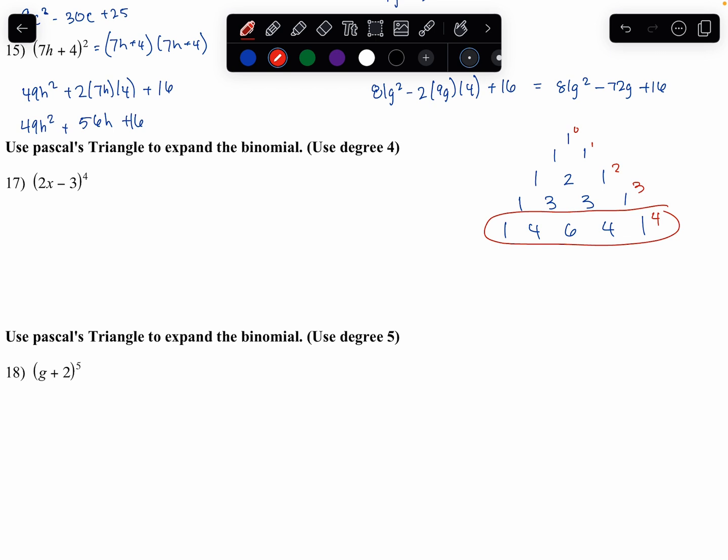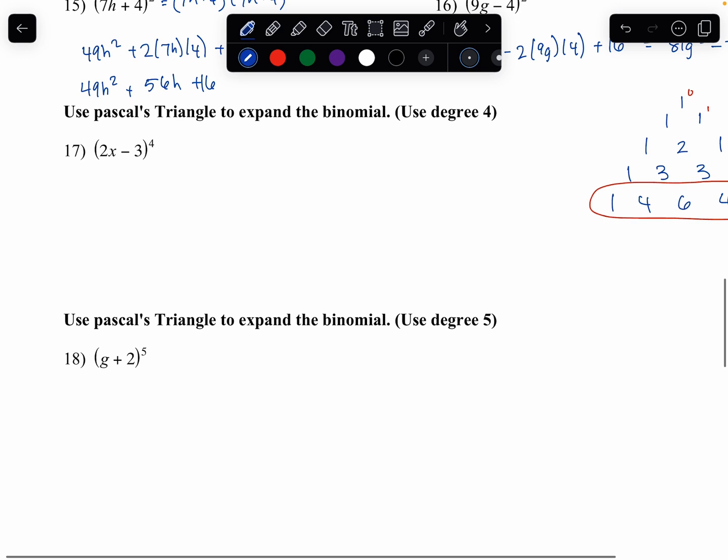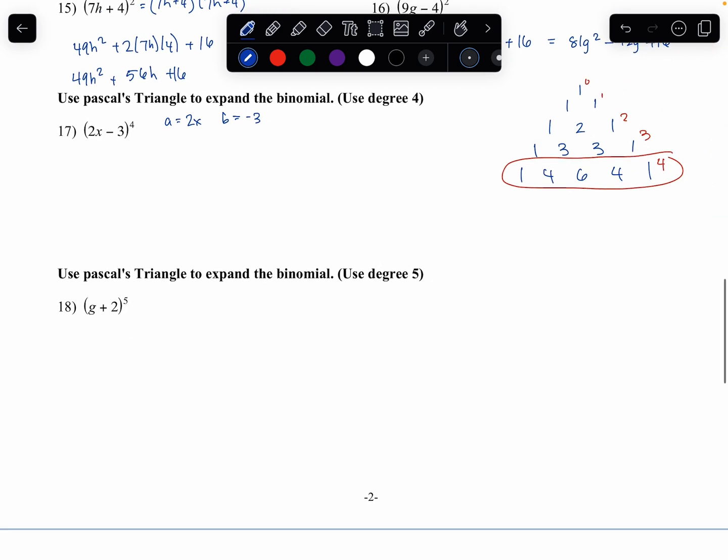So these are the coefficients of my polynomial. I'm going to say A is equal to 2x and B is equal to negative 3. So my first term is going to be 1.